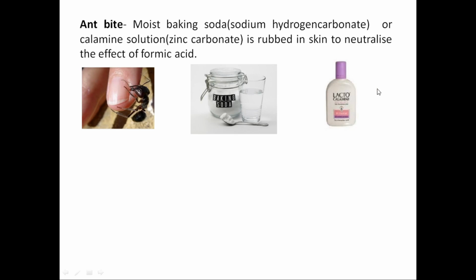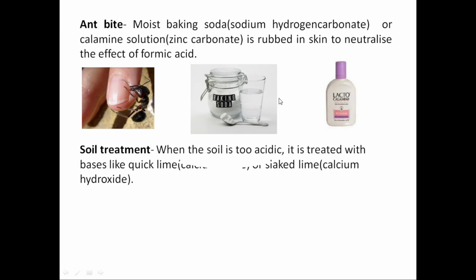Because baking soda and calamine solution contain bases, and the formic acid produced from the ant bite is neutralized by these bases. So if you rub these on your skin, they neutralize the effect of formic acid, and you get relief from the pain.